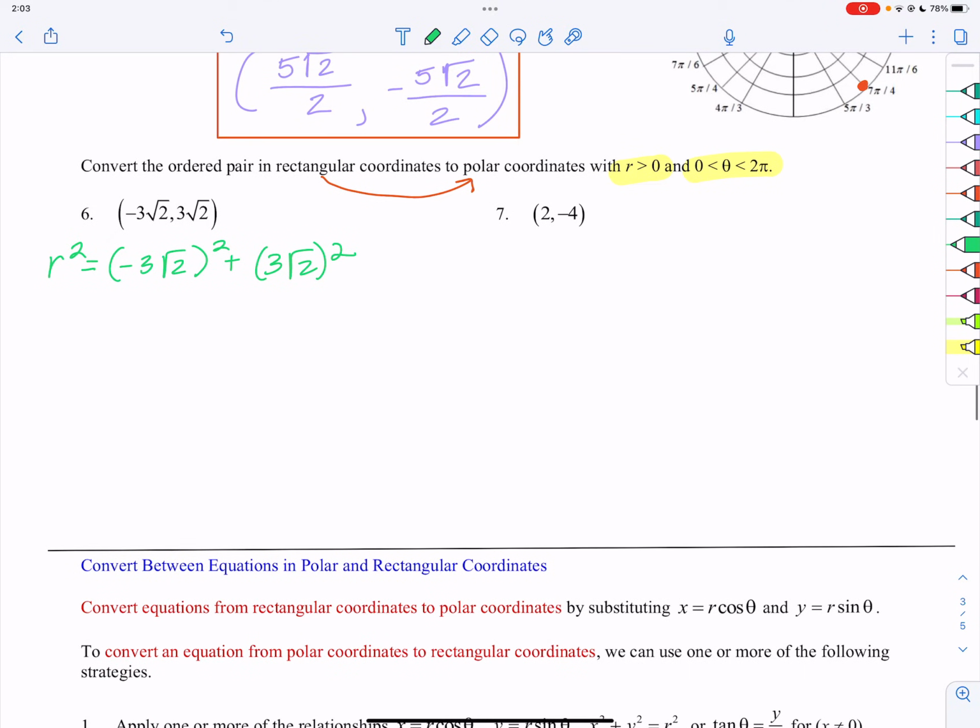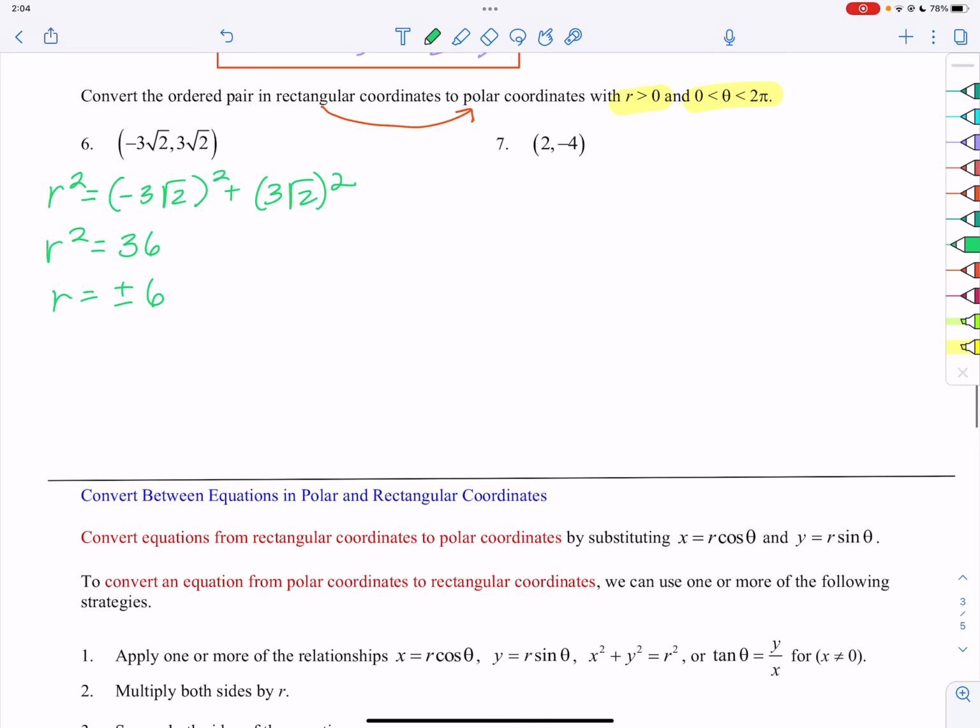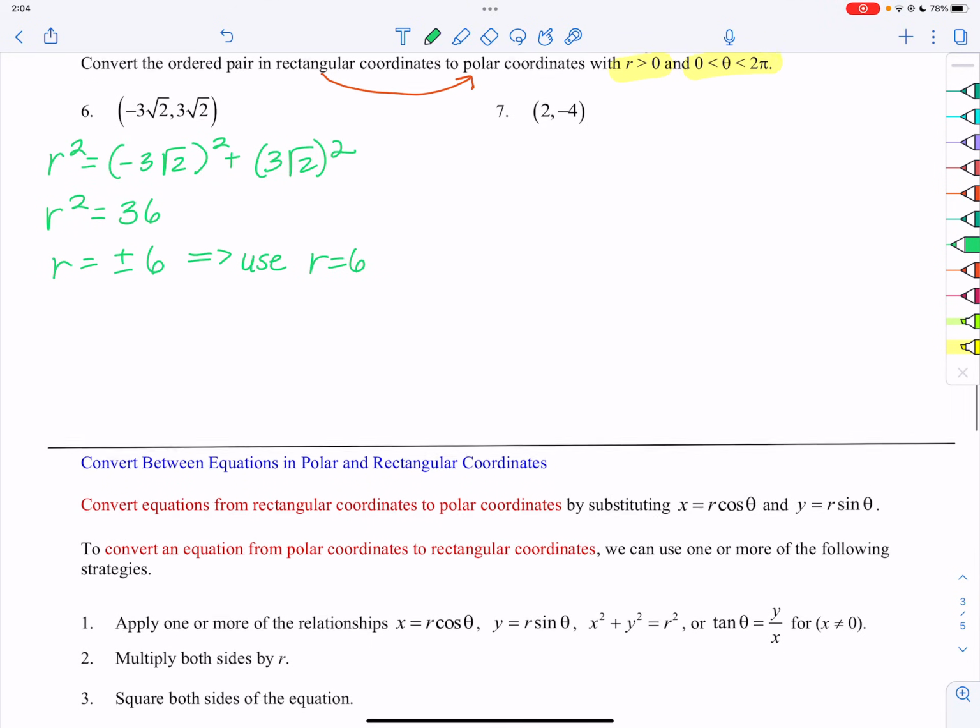And then so we have r squared is equal to 36. So r is equal to plus or minus 6. Of course, we're going to just use a positive 6 since that's what they've asked us.